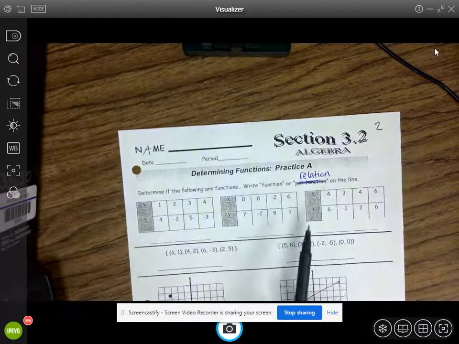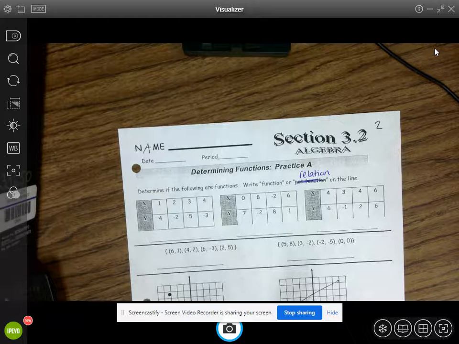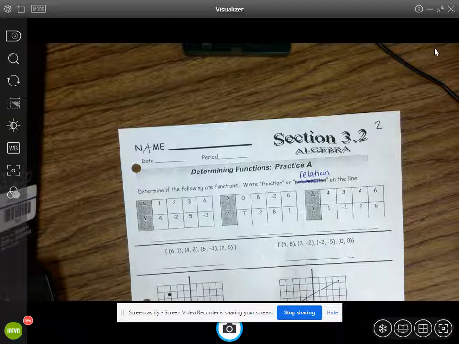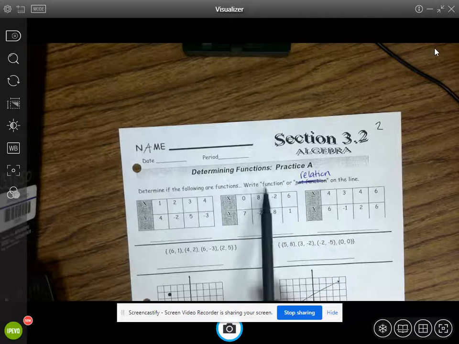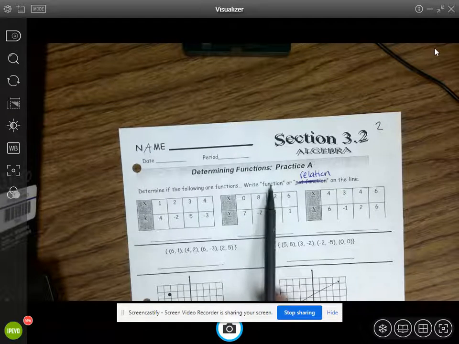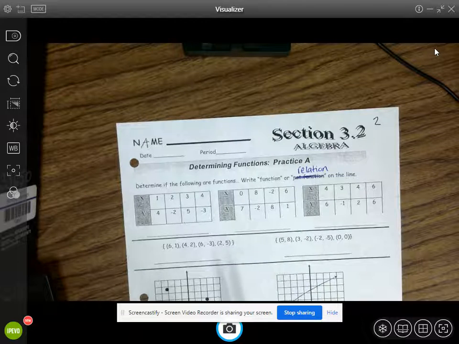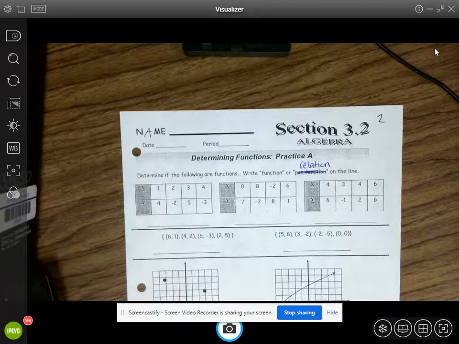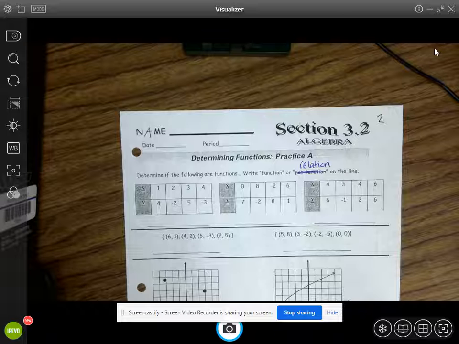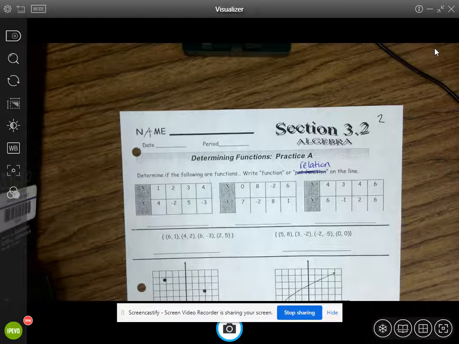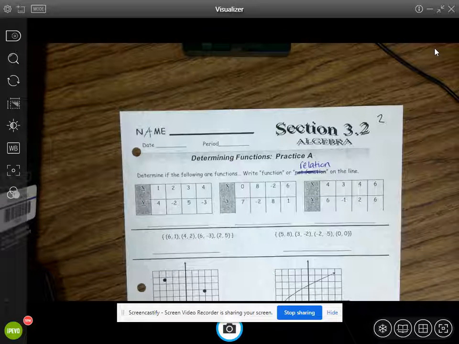I want you to write relation if it's not a function, because it's still a relation. It's just not a function. So function on the function ones, and relation if it's not a function. Okay? And then you can check those with the answer key, and then move on to IXLs, and then do the last worksheet after the IXLs.